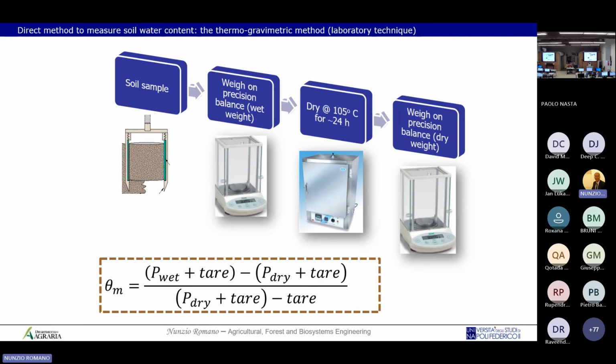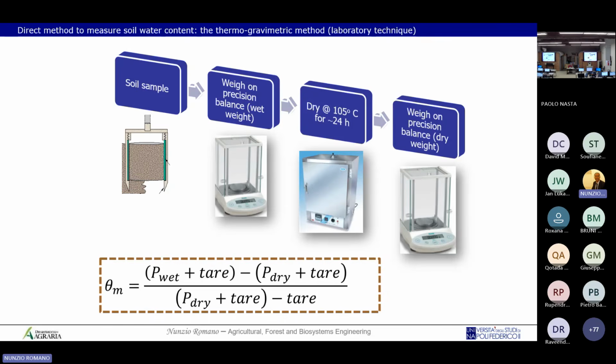But you can also take the soil core out of the oven, wait, put it in again, and make a measurement after a couple of hours. If there is no change in the weight, you can assume that you have a steady situation. And everything seems so easy, eh?